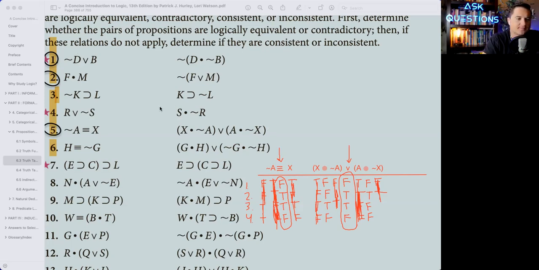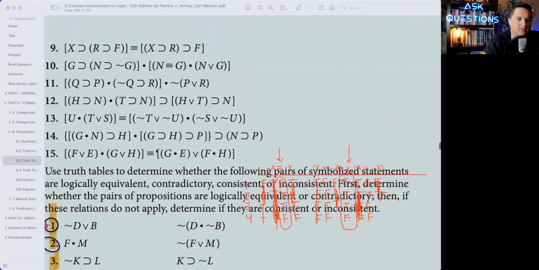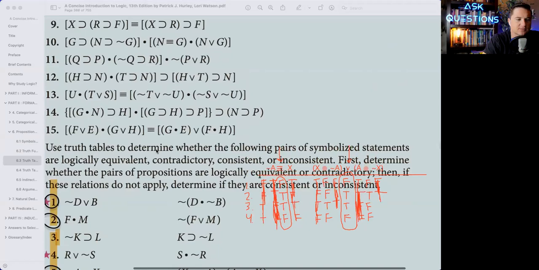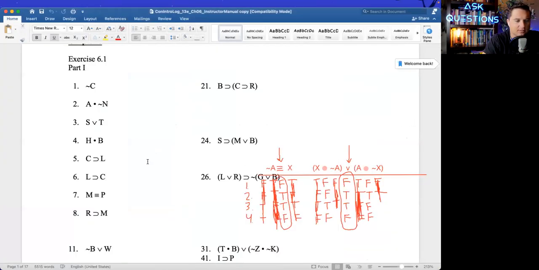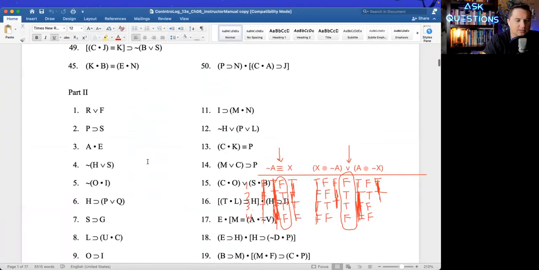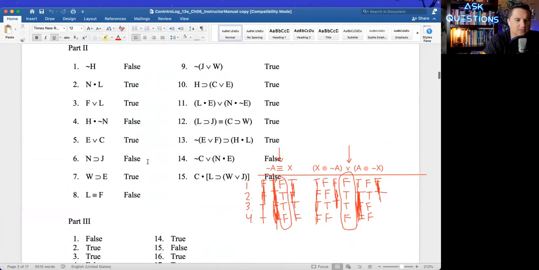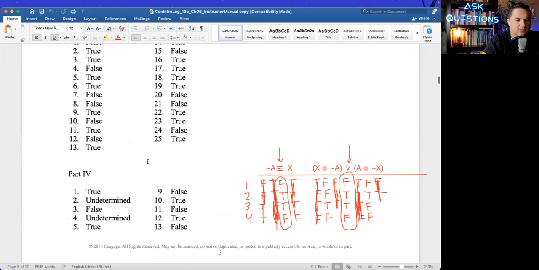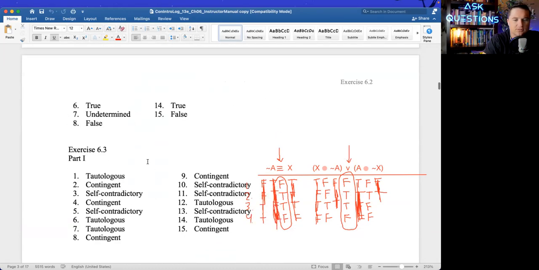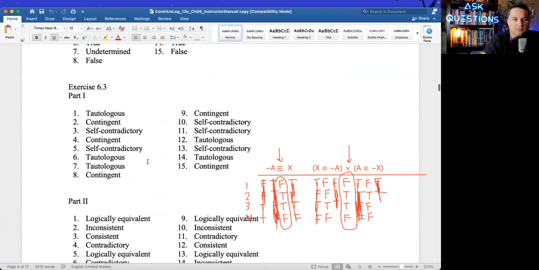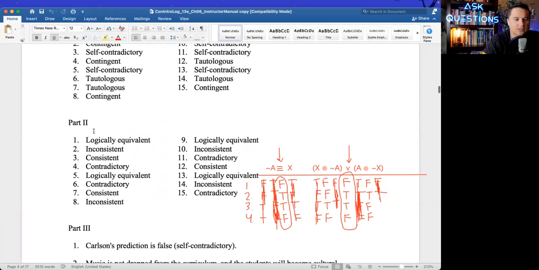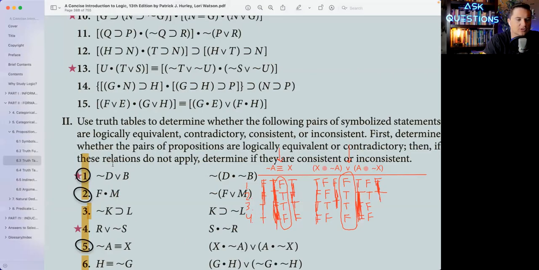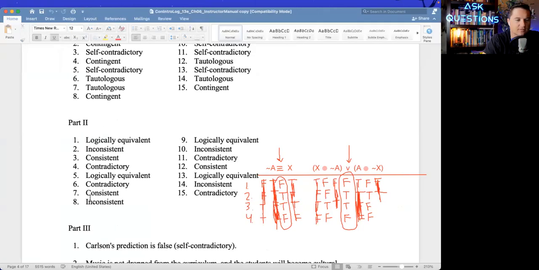Okay. Let's see. So that was 5 in, we are in 6.3, part 2, number 5.